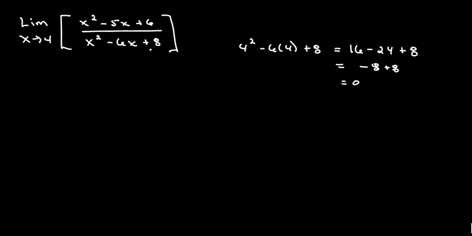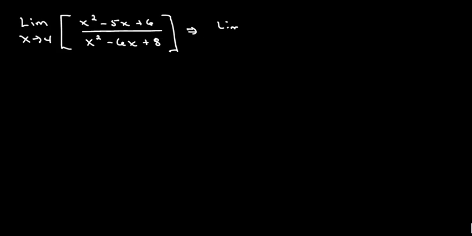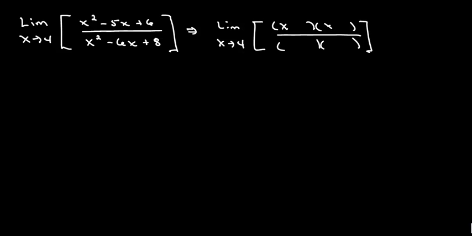So I'm going to rewrite this. Let me erase this. We know that this is exactly the same as the limit as x approaches 4, and now I'm going to try to factor the numerator and the denominator. The numerator factors into x and x, and I have to look at two things that multiply together to give me 6 but add to give me negative 5.